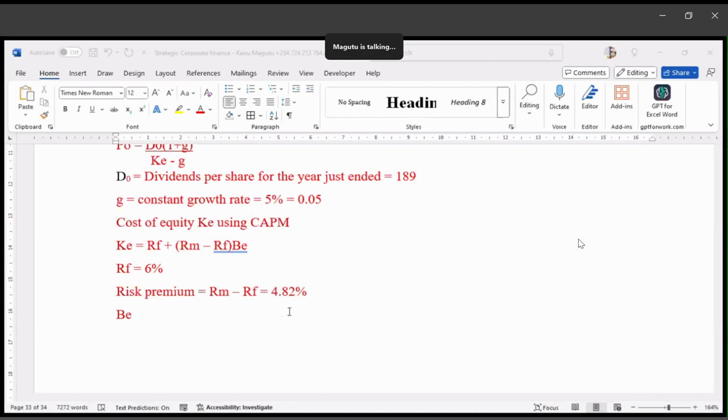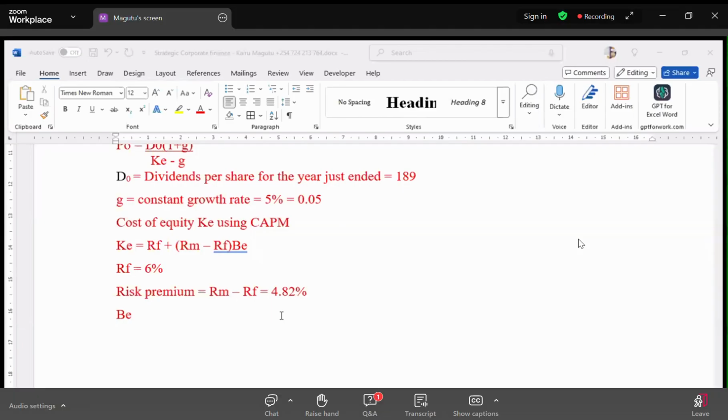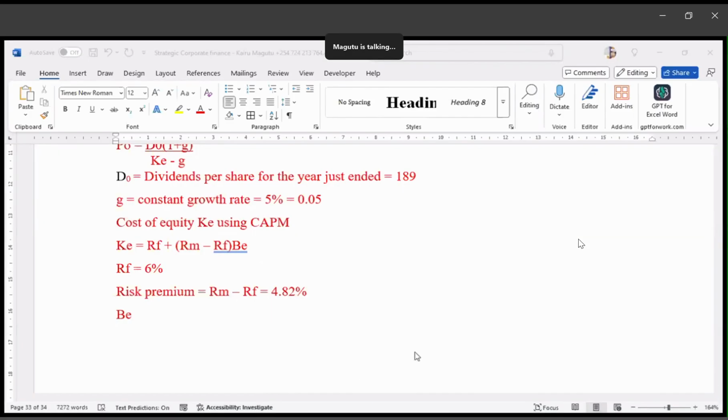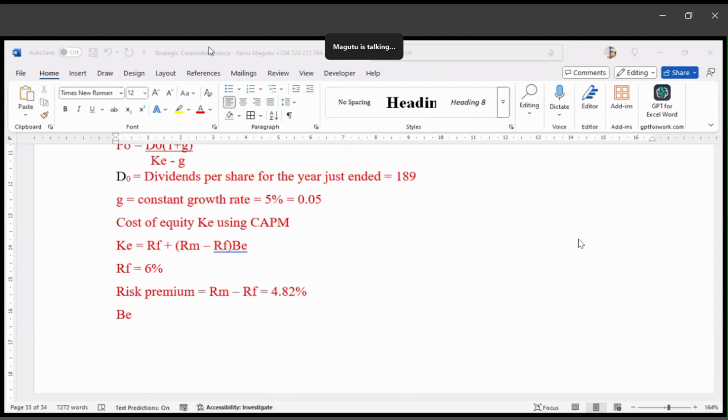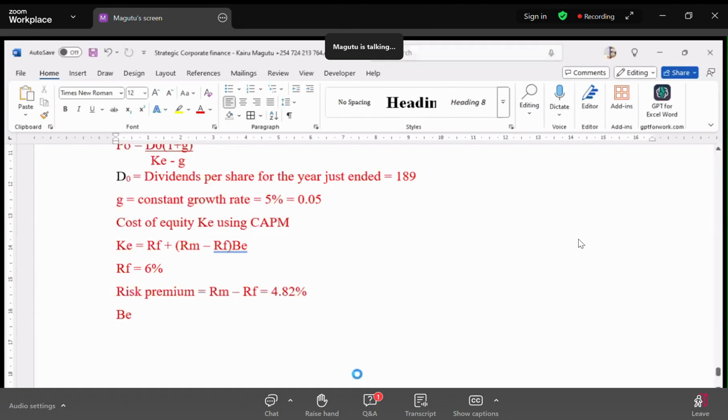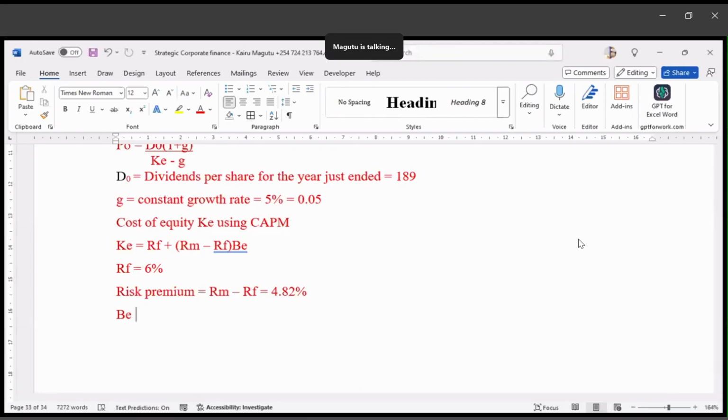Beta factor. I think there was some table somewhere. So the beta factor for equity for Maraika is 1.8. For Nyabugogo it is 2.4. If you agree with me, it should be the 2.4. So we say that the beta factor for equity is 2.4.